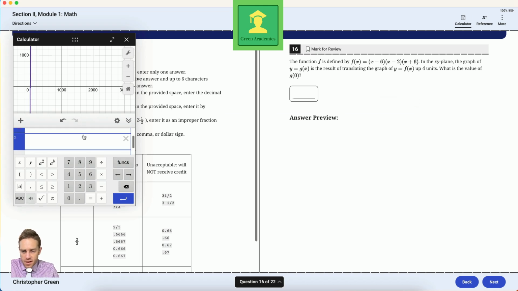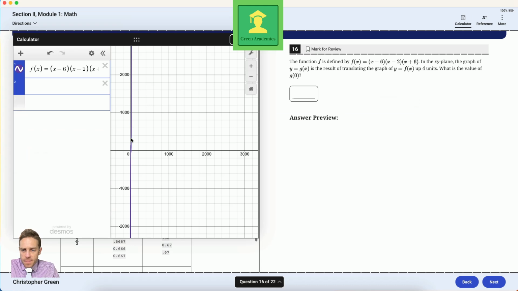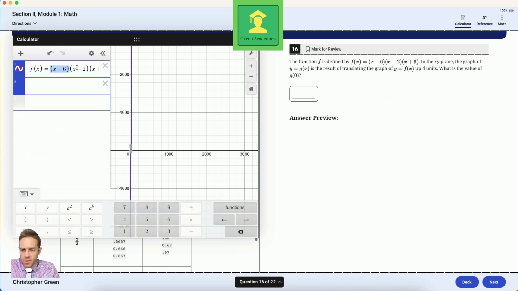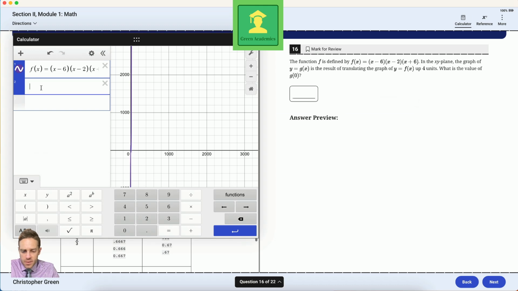So this is f of x, and then g of x, I'm going to copy this whole thing. I'm going to put an extra parens around it.